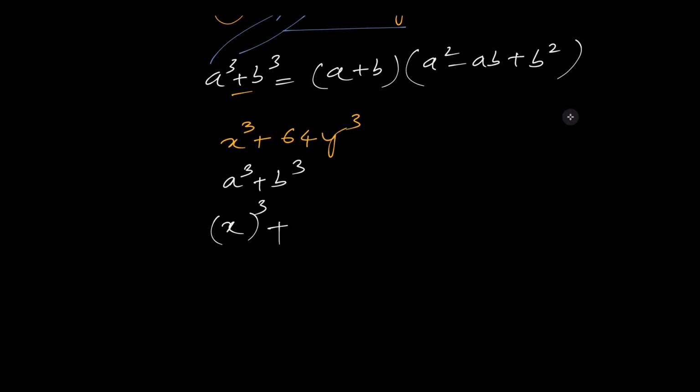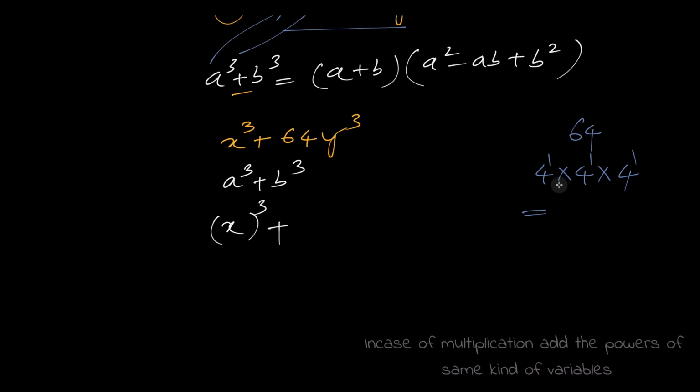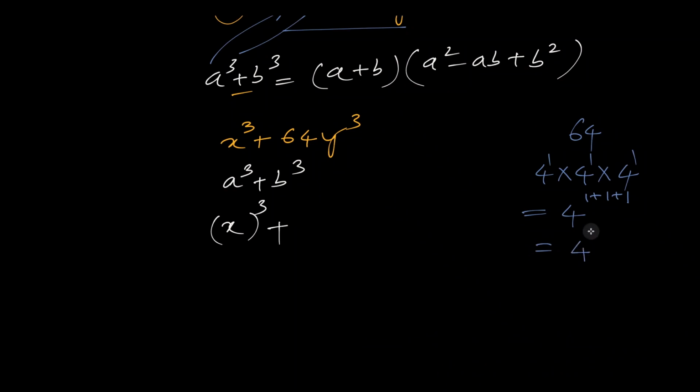And if you consider 64, can we say 4 into 4 into 4? Is it 64? If it is, then we can say here it is power 1, here it is power 1, and here it is power 1. In case of multiplication, we can add the powers 1 plus 1 plus 1. It is going to be 4 to the power 3. So can I say 64 as 4 to the power 3 and y to the power 3? Yes.